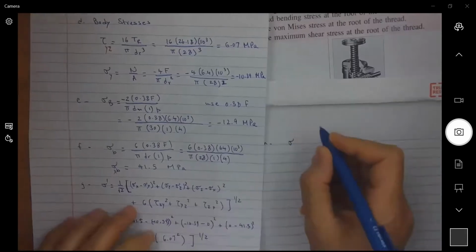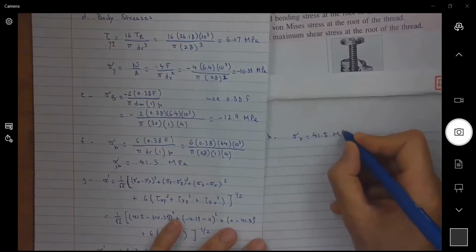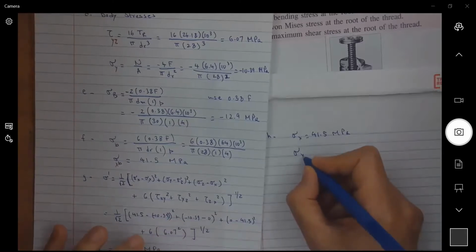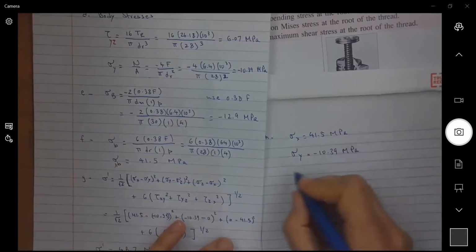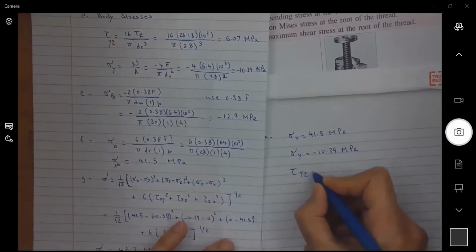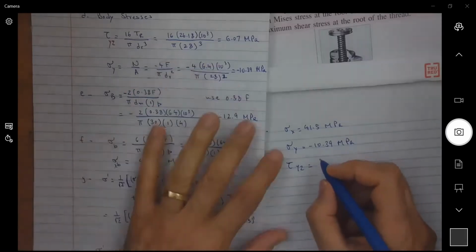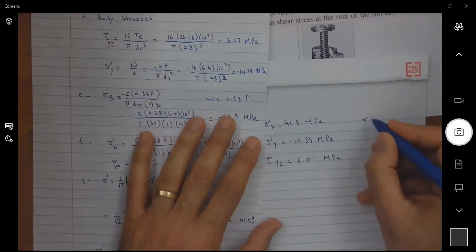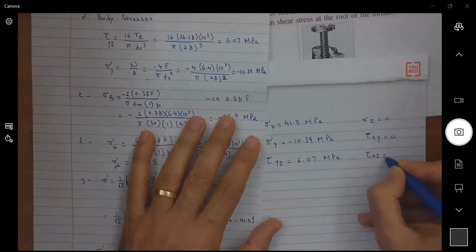So we have a sigma x that is equal to 41.5 megapascal. I have a sigma y that is equal to minus 10.39 megapascal, and I have a tau yz that is equal to 6.07 megapascal. All the others, my sigma z is 0, my tau xy is 0, and my tau xz is 0.